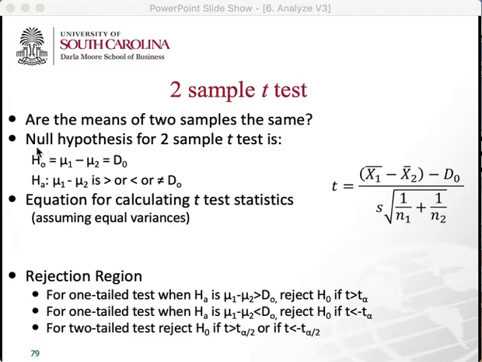So the null hypothesis here I can build as mu1 minus mu2 equals a certain value. So if it's 0, it means that they are exactly the same, or I can say that they are higher, lower, or different than 0, right? Or you can just write mu1 equals mu2 or mu1 higher, lower than mu2, right?